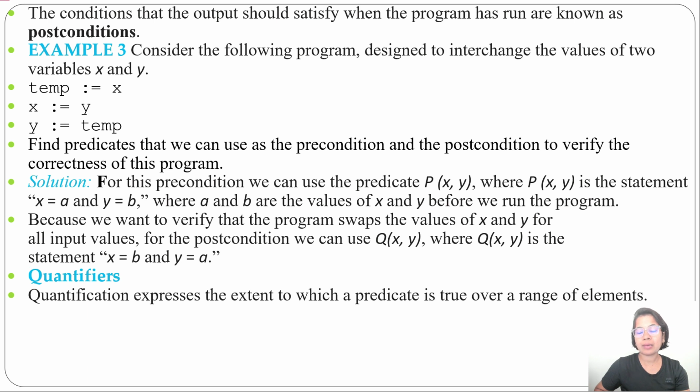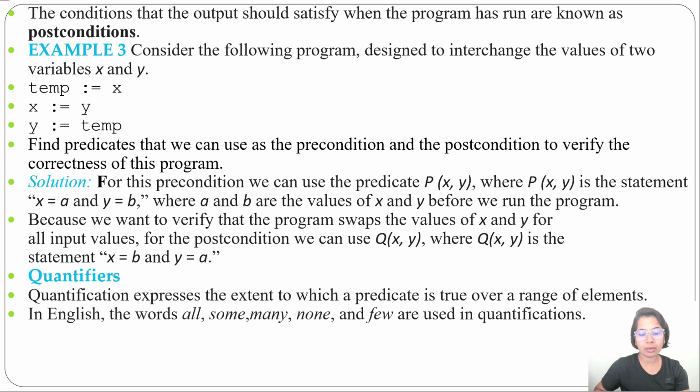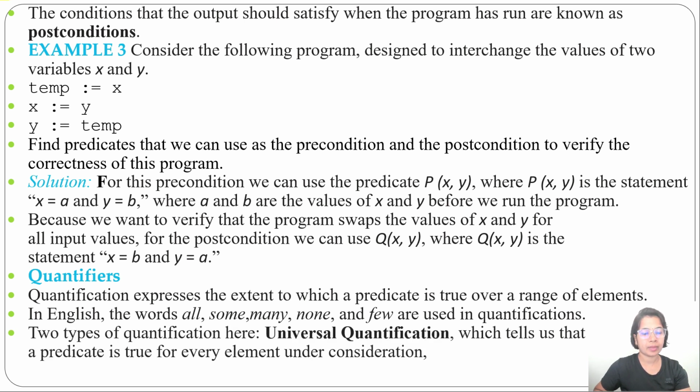In English, some common words like all, some, many, none, few are used in quantification. So we can say this is true for all values of x. This is true for one value of x, like this. So two types of quantifier are there. One is universal, another is existential. Universal is true for all values under consideration.